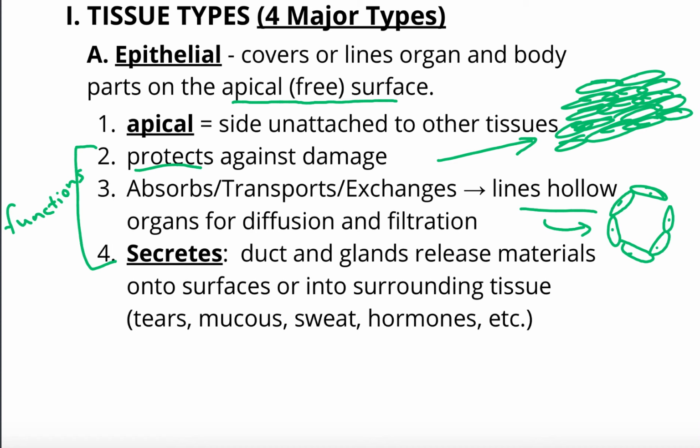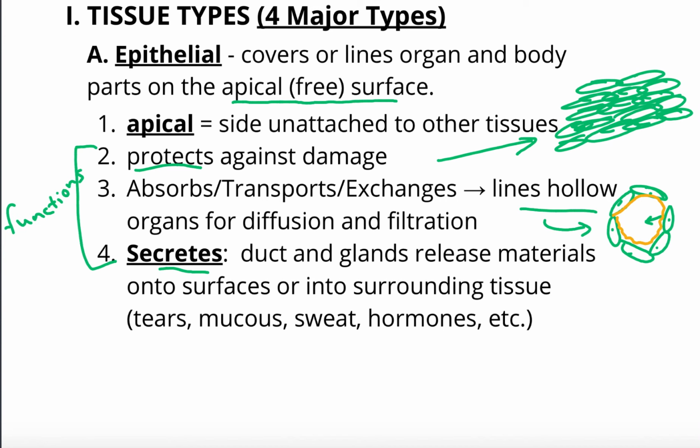And also, in addition to that, you may have some secretions. These secretions are basically, in addition to the cells lining it, some of these cells may pump stuff into a hollow or onto the surface. So your intestines, for instance, it's thin to allow stuff to be absorbed, but it also has cells within it that pump mucus all around the edges to help lubricate the edges so that food flows through it without damaging it too badly.